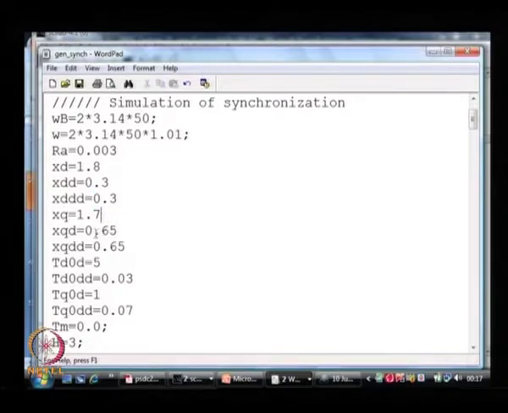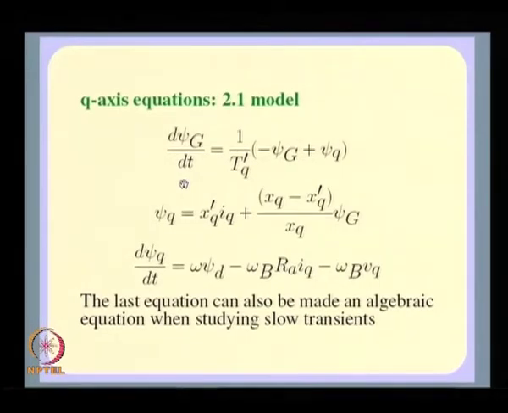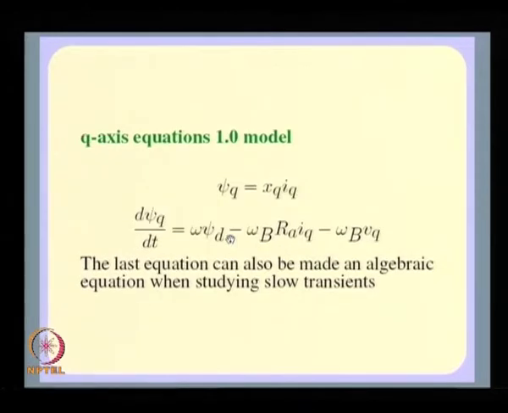Okay. The second thing you can do directly, something which I have not mentioned here, is that in the 2.1 q axis equations, if I directly set x q dash is equal to x q, you can get rid of, you can really come directly to this algebraic equation and 1.0 model. So, that is what I will do right now.